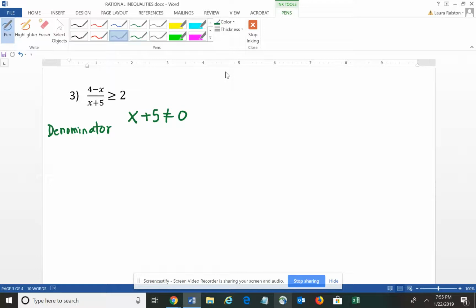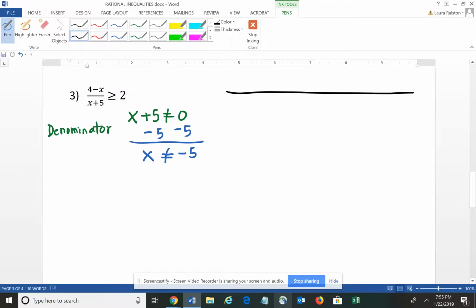If I solve for x by subtracting 5 from either side, we find that x cannot be negative 5. So I'm going to put that on my number line. So I have negative 5, but it cannot be negative 5 because that causes my denominator to be 0.